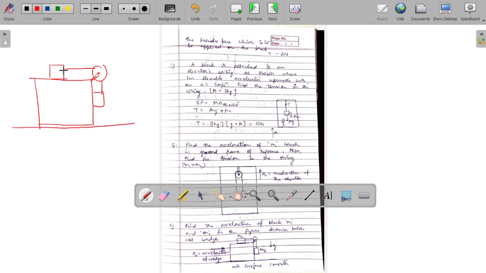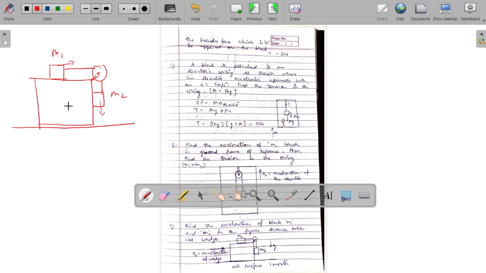This is because they are connected to the same string. So at least in the frame of reference of the wedge, their acceleration would have the same magnitude.